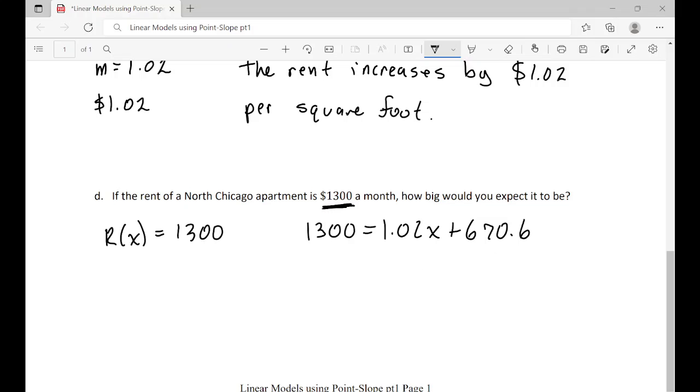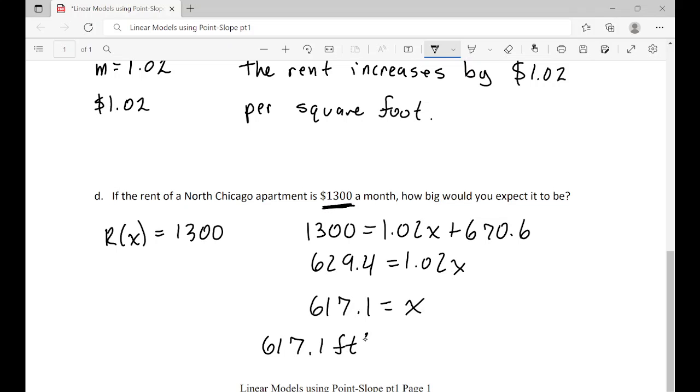Subtract the 670.6 over, we're going to get 629.4 equals 1.02x. And then we're going to divide 1.02 over, and we're going to get 617.1 equals x. So how big would it be? 617.1 square feet.